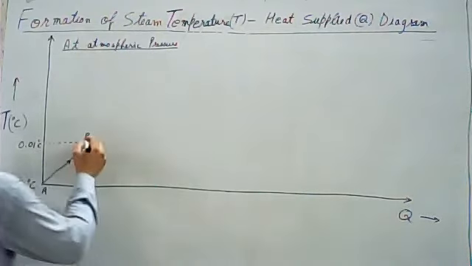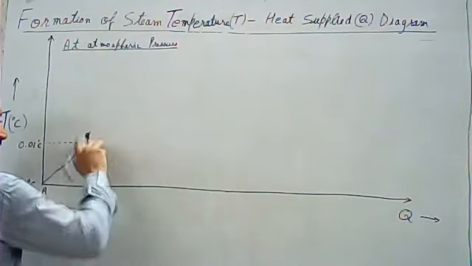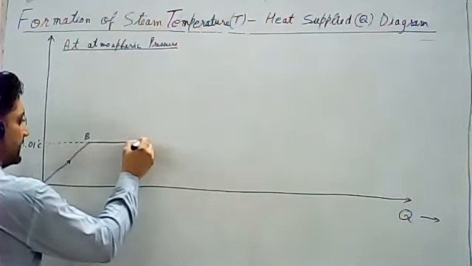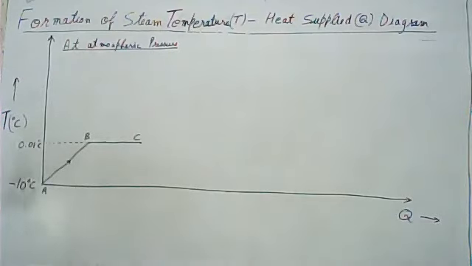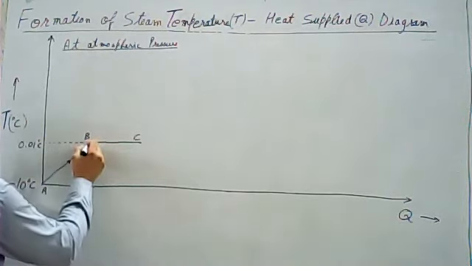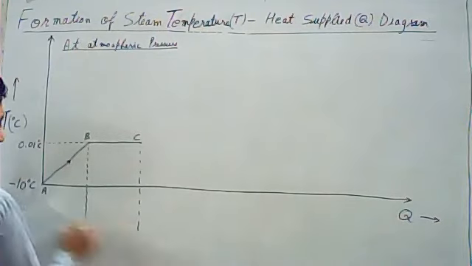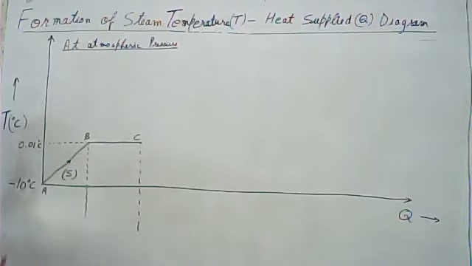Now here, the temperature remains constant, but the heat that we supplied converts the solid ice into liquid water. Okay. So if I drop a vertical here, the state here is solid. S stands for solid.